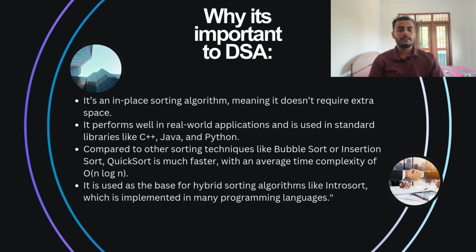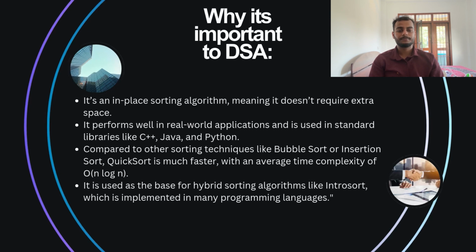Compared to other sorting techniques like bubble sort or insertion sort, quicksort is much faster with an average time complexity of O(n log n). It is used as the base of hybrid sorting algorithms like Introsort, which is implemented in many programming languages.